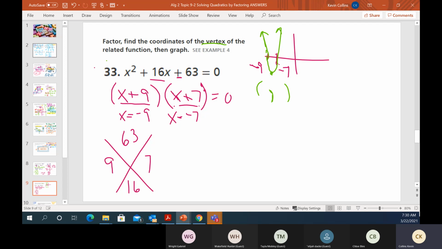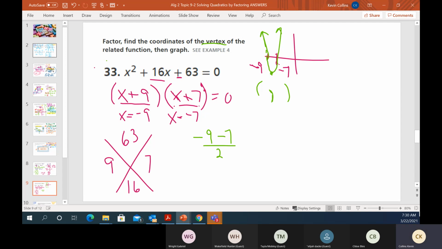Any ideas? No, it's not. So remember what we said last time. We would take the midpoint, which is the average of the two values we have. So I take -9 plus -7, so it's -9 minus 7 divided by 2.